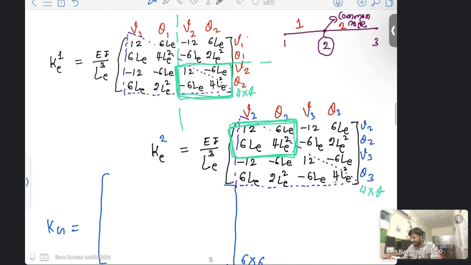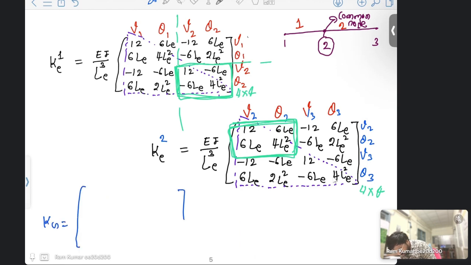So it will be like B1, theta 1, B2, theta 2, B3, theta 3.